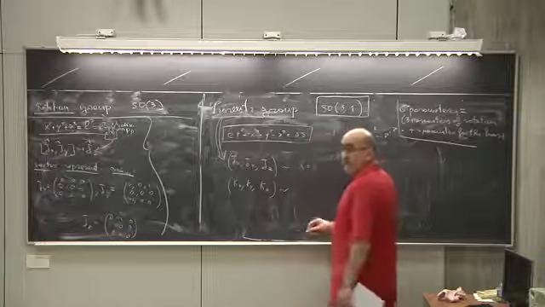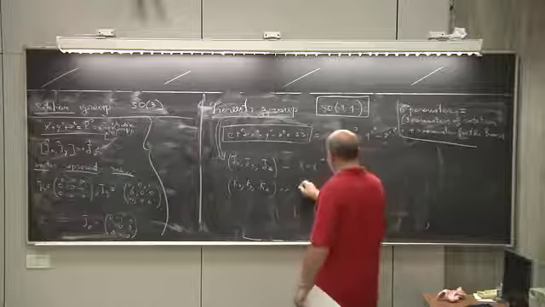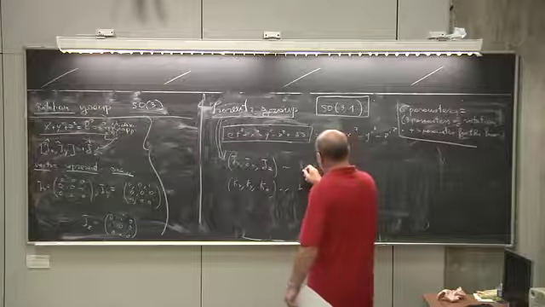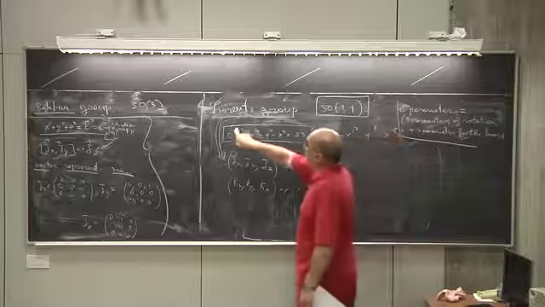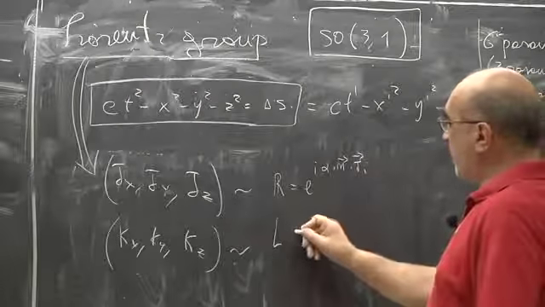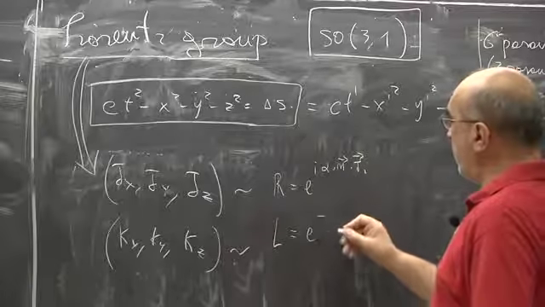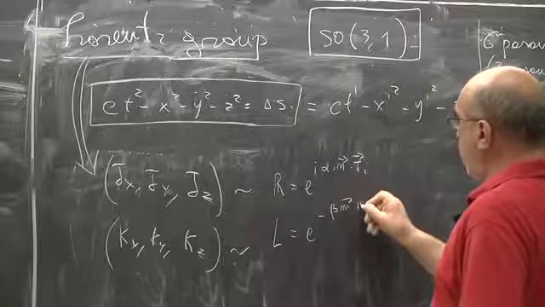A transformation here that I called, how did I call it before? L. So this is a rotation in 3 dimensions, in 4 dimensions because it leaves t invariant. The generator instead here can be written in this manner: β n·K.